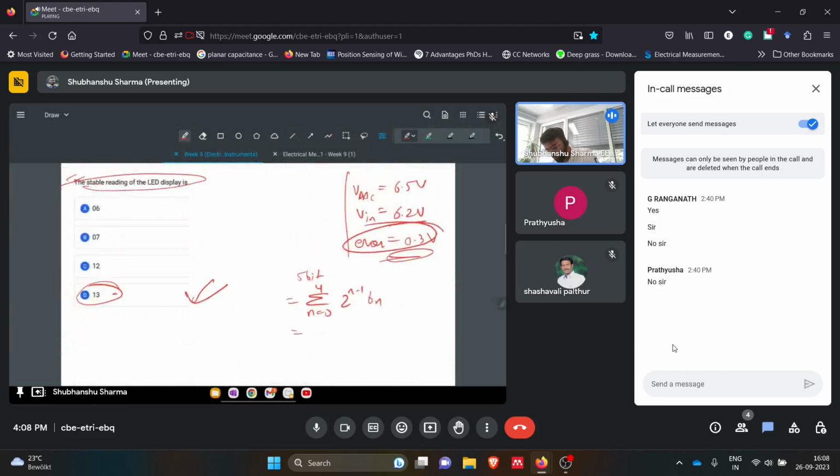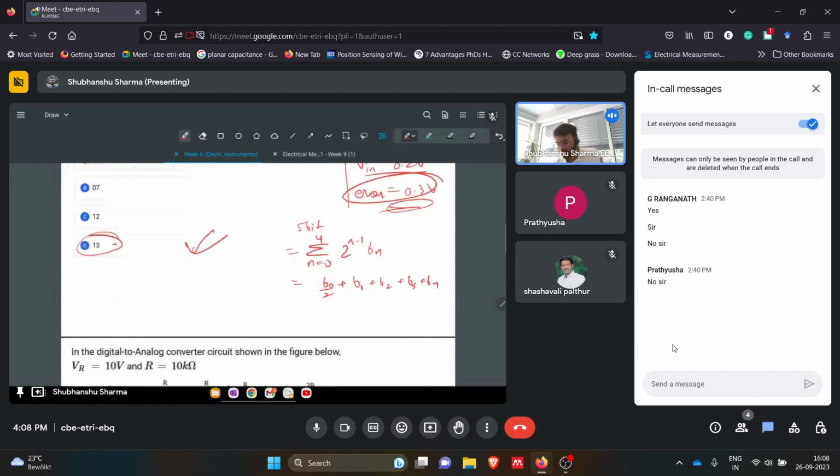So this will be b0 by 2 plus b1 plus b2 plus b3 plus b4. Sorry, this will be 2, this will be 4, this will be 8. Will this help in reducing this effect?